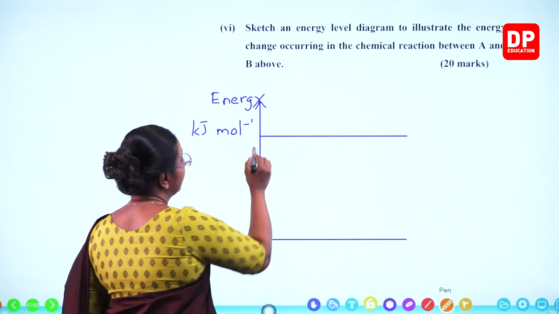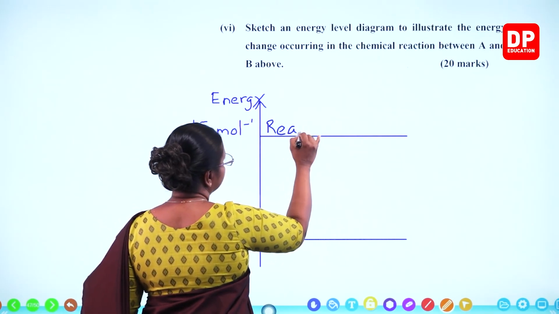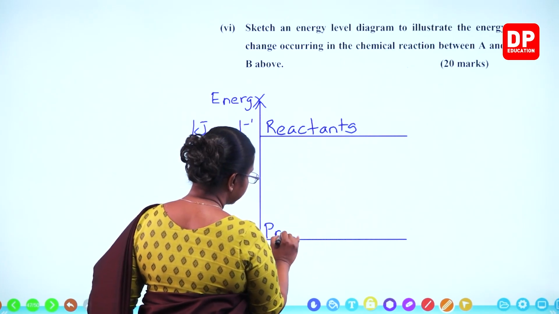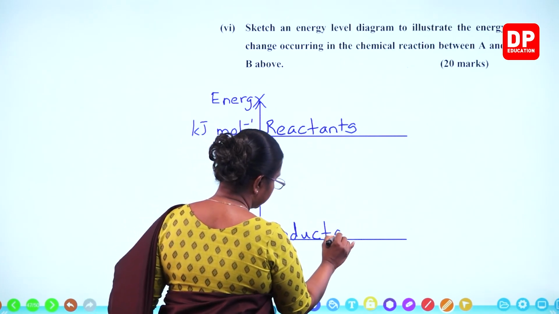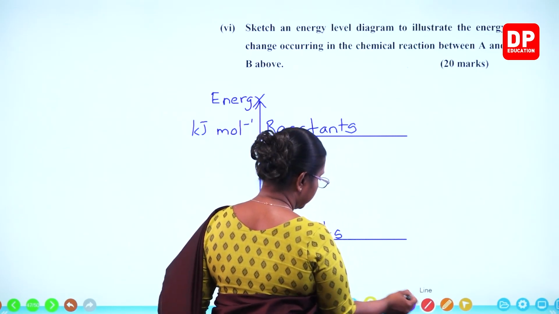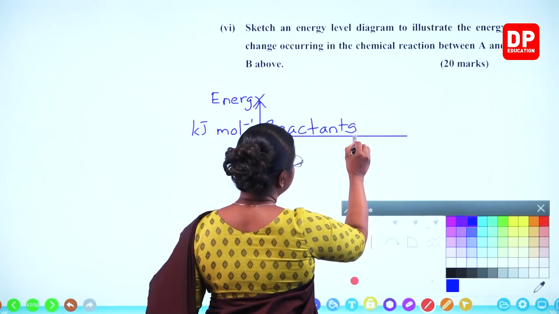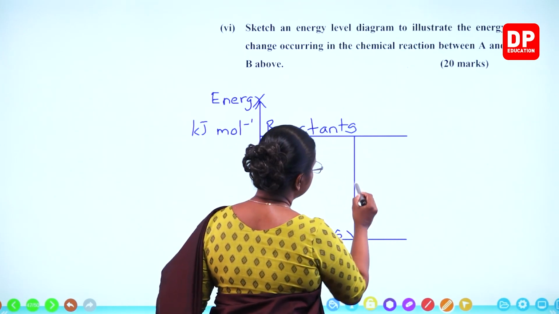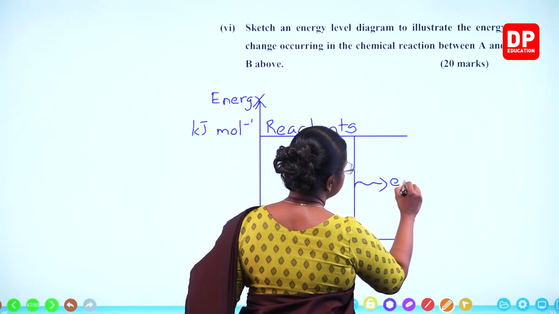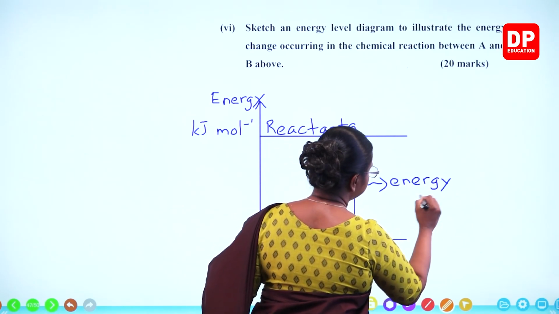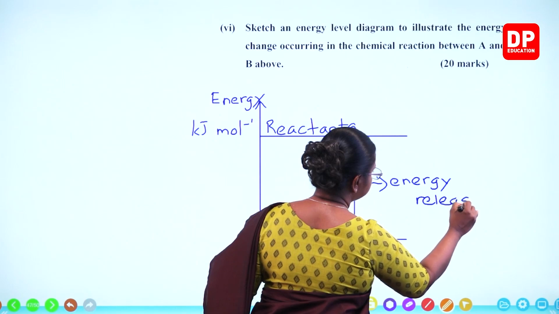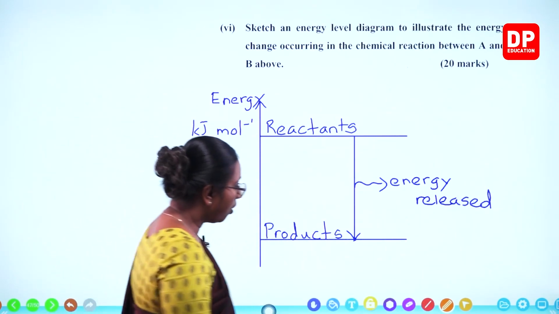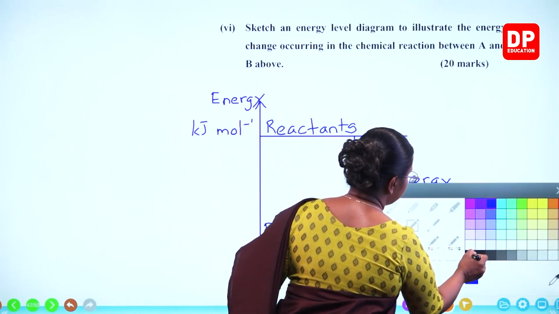So here of course we can write it as reactants and products, and you show the arrow from reactants to products where you show the energy being released. You can write it this way, or else I will use a different color.